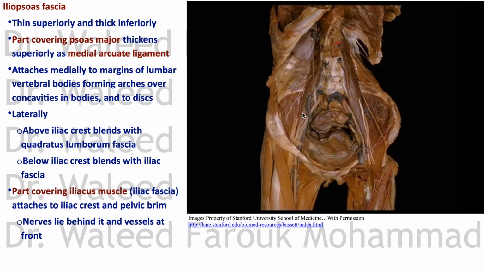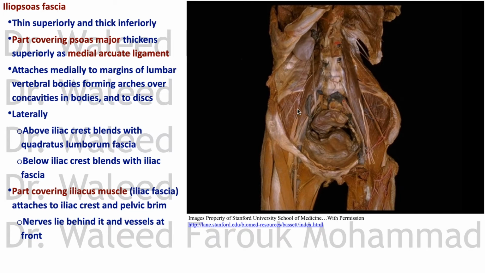Now the part covering the iliacus muscle, the iliac fascia, attaches to the iliac crest and the pelvic brim down there, the upper margin of the true pelvis. We will discuss this in the pelvis.